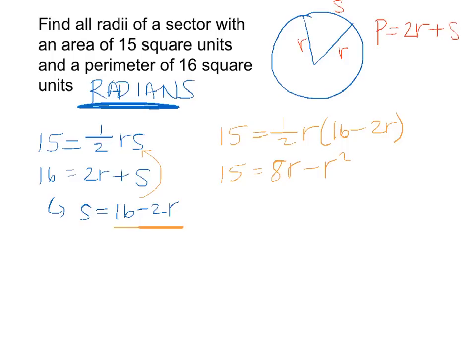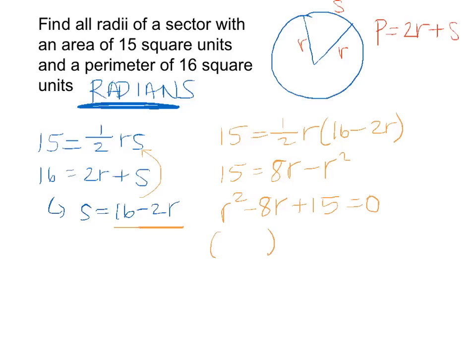Since we have that r squared term and also a linear term, these are always going to end up being quadratic equations, which hopefully you can factor. If not, you can always use a quadratic formula. I know before I can factor, I need one side to equal 0. Since this r squared is negative, I'm going to move everything to the left. So I end up with r squared minus 8r plus 15 equals 0.